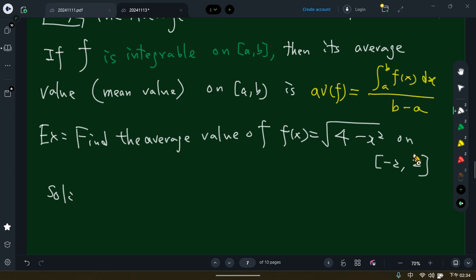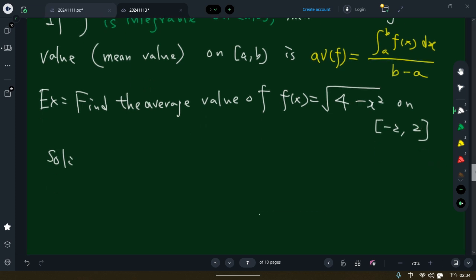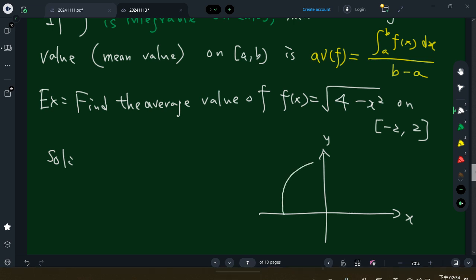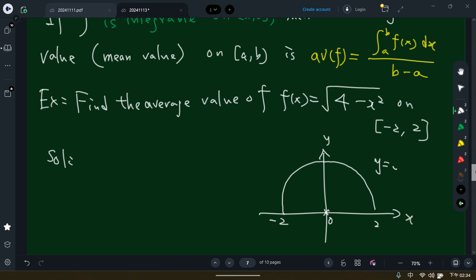The idea is you can just draw the figure for your reference. Actually it's a half circle and its radius is 2. So this is y equal to the square root of 4 minus s squared, the upper half of the circle, right?